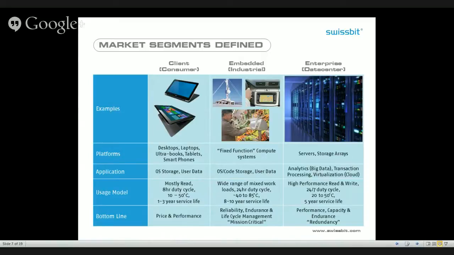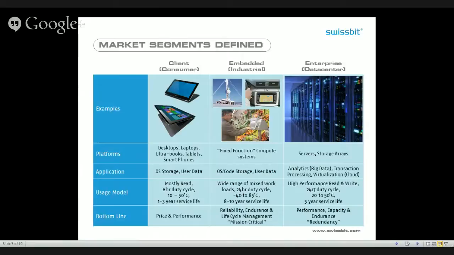It's a very well managed 20 to 50 C. And the service life is on the order of about 5 years. Here, the key bottom line is that performance, capacity, and endurance are the primary factors, and redundancy. Cost here in the enterprise space is really measured in transactions per second. For the embedded space, it's a little different.